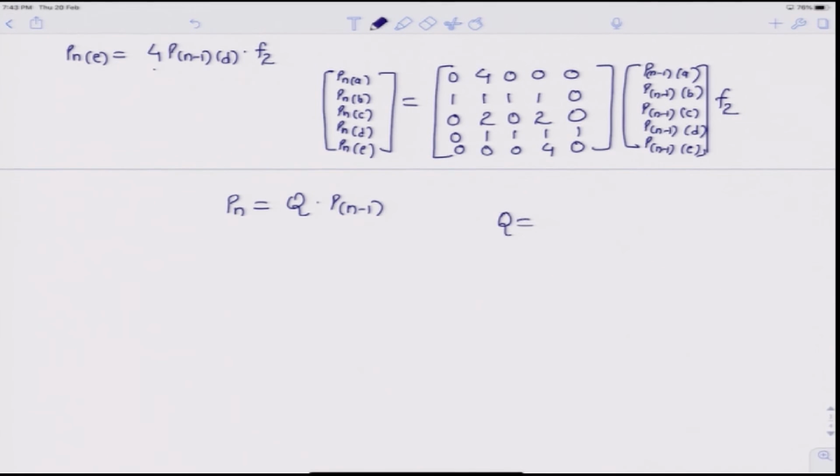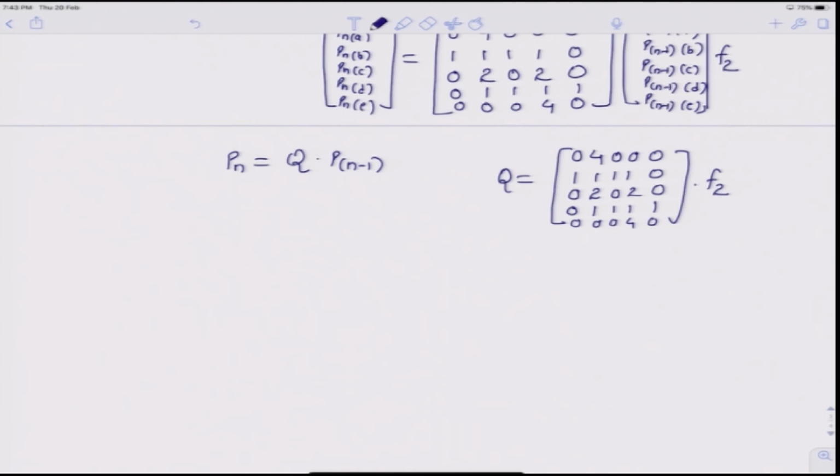So, Q here is 0, 4, 0, 0, 0, 1, 1, 1, 1, 0, 0, 2, 0, 2, 0, 0, 1, 1, 1, 1, 0, 0, 0, 4, 0 times F2. With similar logic, we can express Pn minus 1 as Q times Pn minus 2.